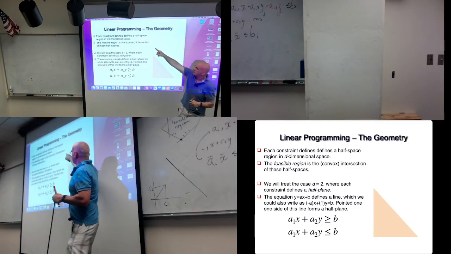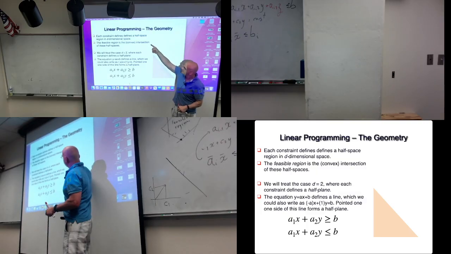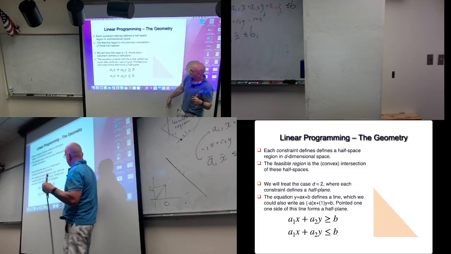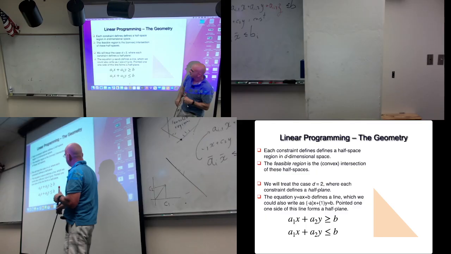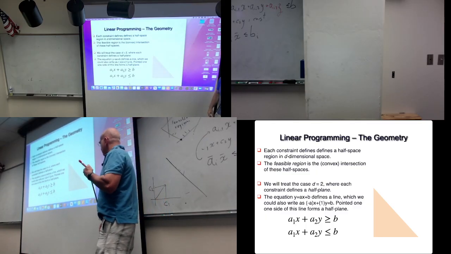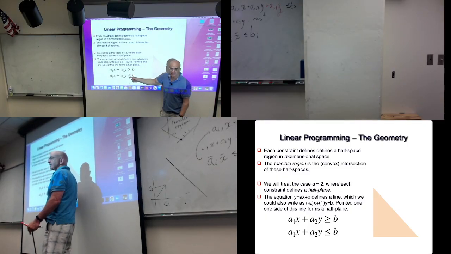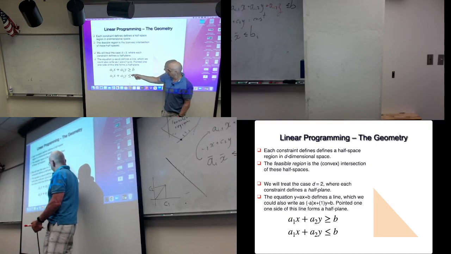The feasible region is an intersection of convex objects, hence it's convex, and it is an intersection of half spaces. And in the 2-dimensional plane, there is one example of such a constraint. Here is another example of such a constraint.